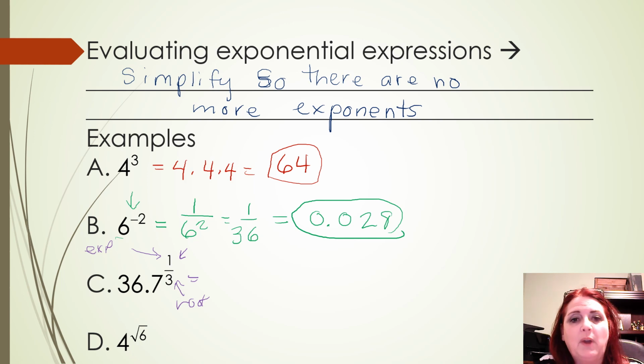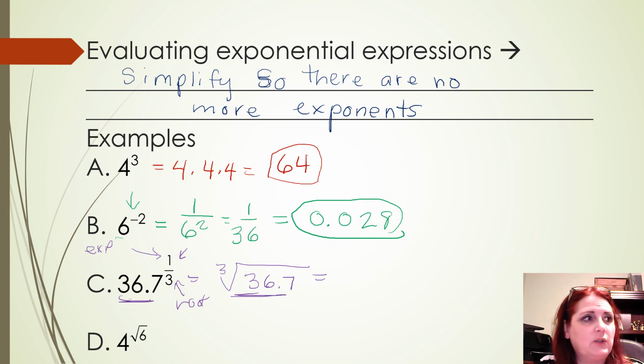So we could rewrite this as the cube root of 36.7. Well, that's not a perfect cube anyway. So I can type it into my calculator as it's written, or like this, because either one will give us the answer. And that answer is going to be, rounded to 3 decimals, 3.323.